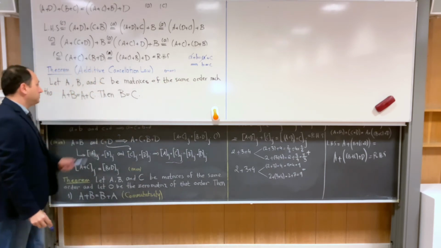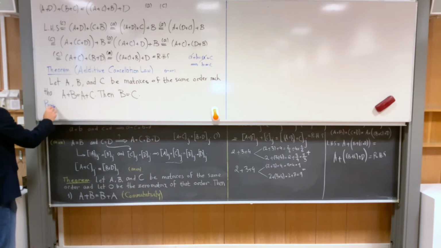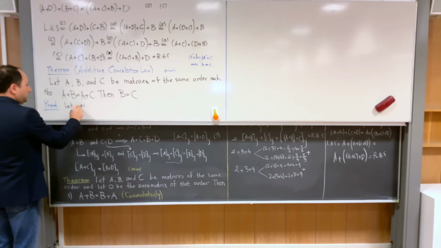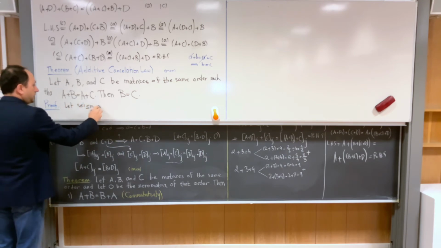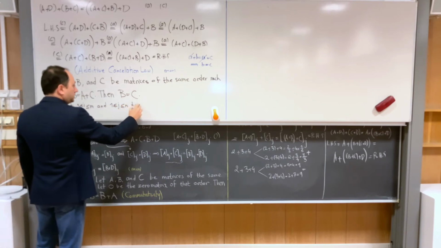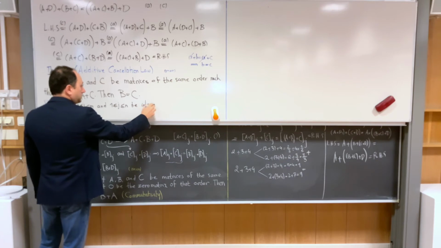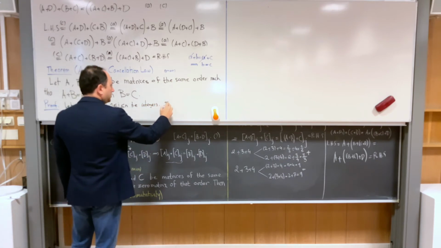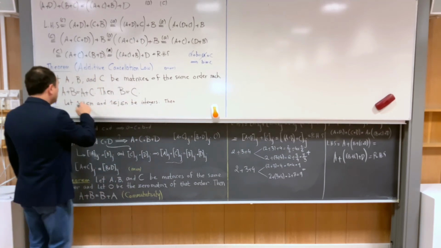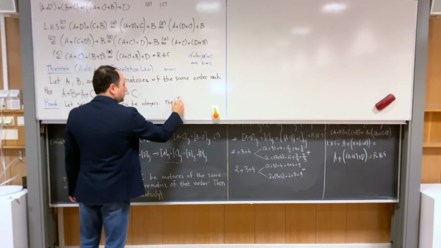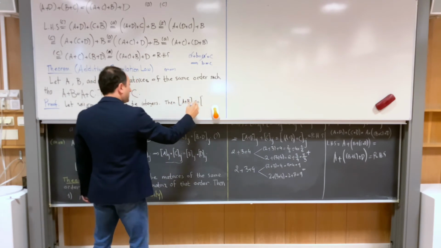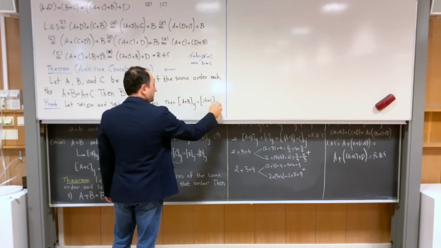So I'm assuming that all of these matrices are m by n matrices. Okay, so what I need to prove for the proof is this. So I would say let i between 1 and m and j between 1 and n be integers. Yes? Then we know that the ij entry of A plus B is equal to the ij entry of A plus C. Yes?